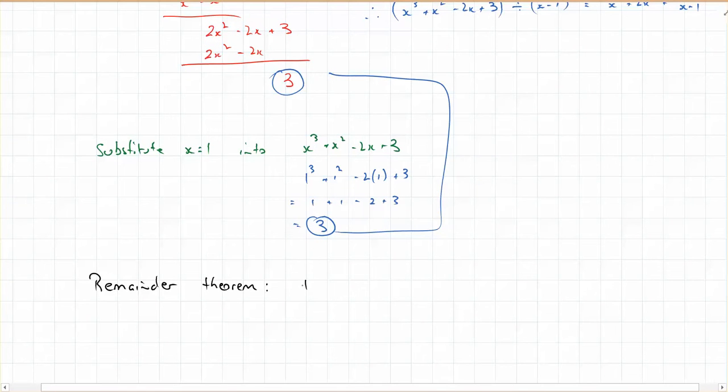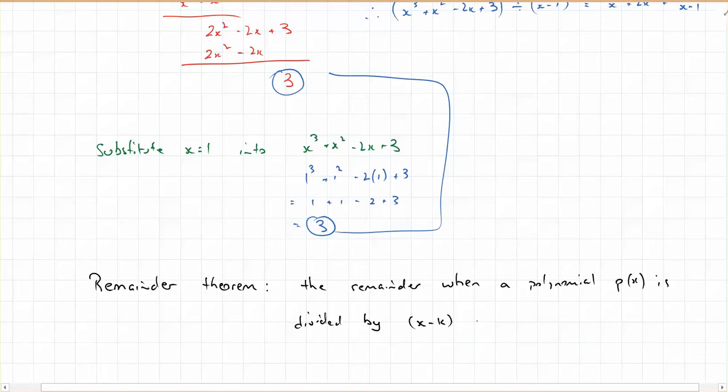So the remainder when a polynomial, let's call this polynomial p(x), is divided by x minus k will be p(k).